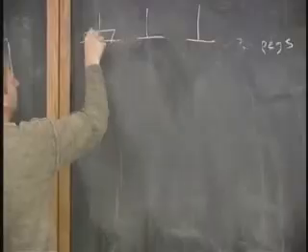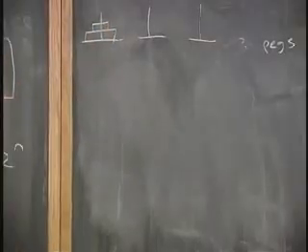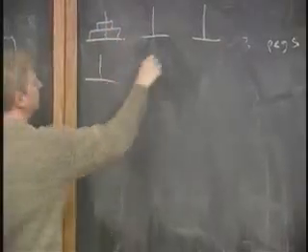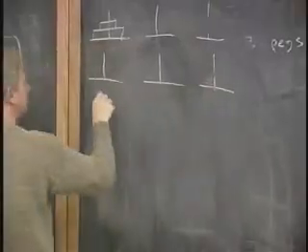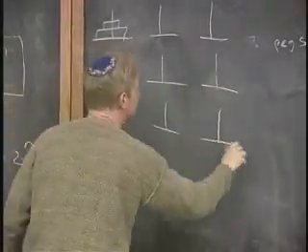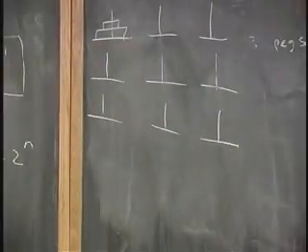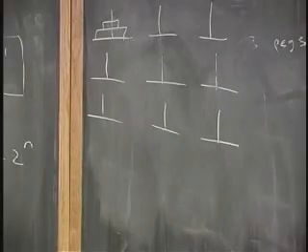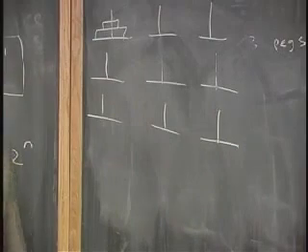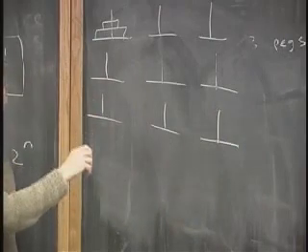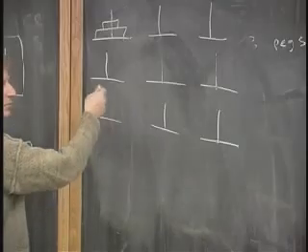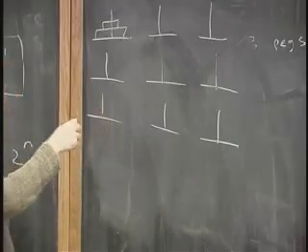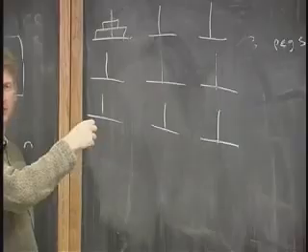Here's 1. There's a lot of these, right? How many are there going to be all together? Anybody know? How many 2-disk configurations? Let's write them out. 9. 8, 9?